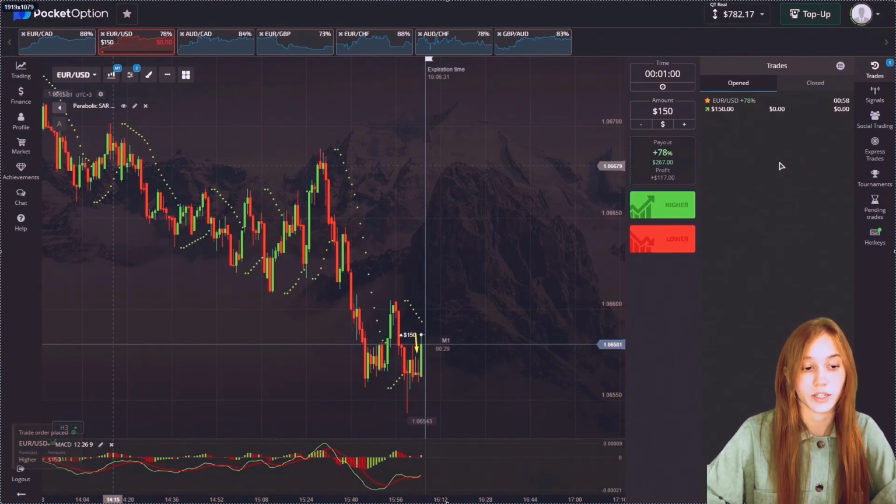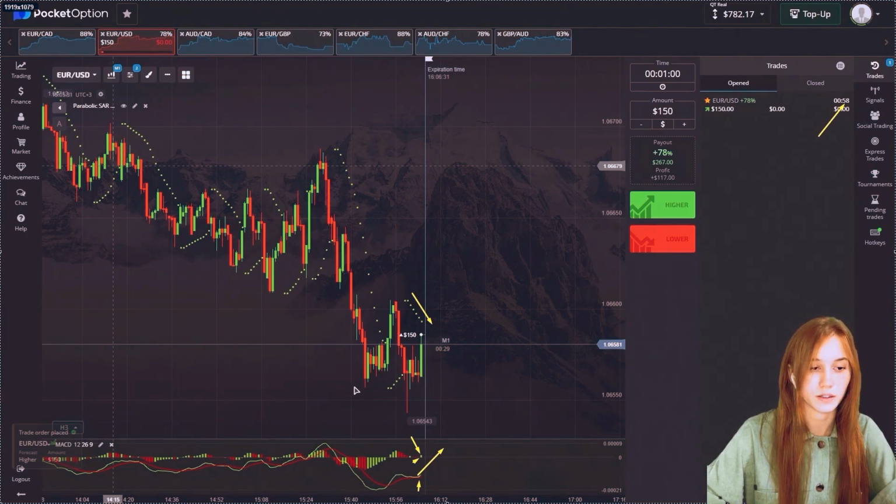Don't be afraid of this. I think the chart will go up. So let's see for our candles. By parabolic we see decreasing trend, but by MACD we see that the green line is going up and the red bar is lower.